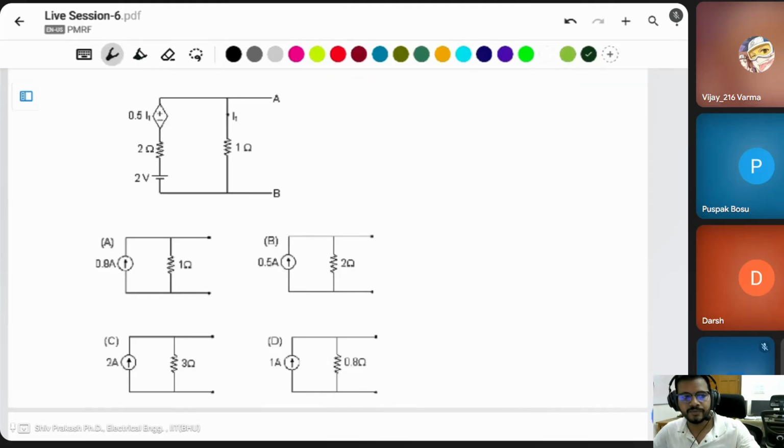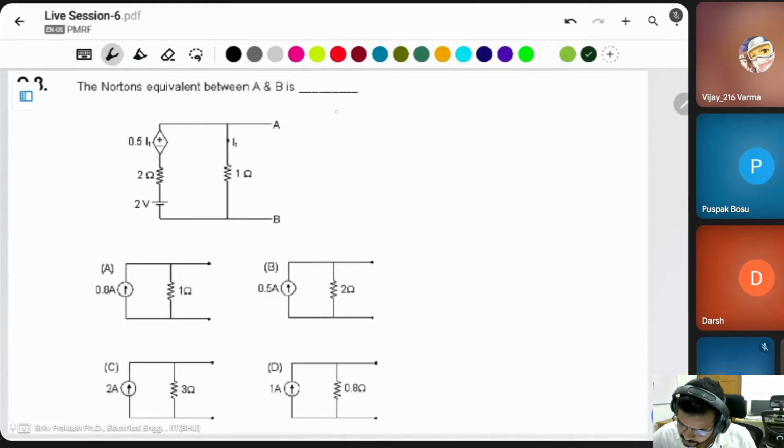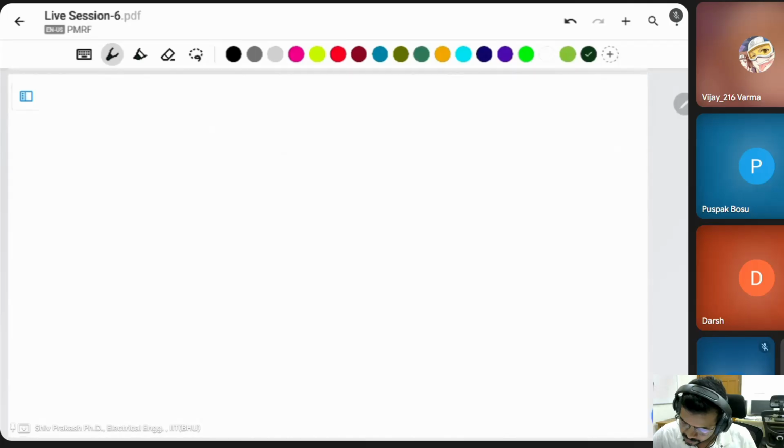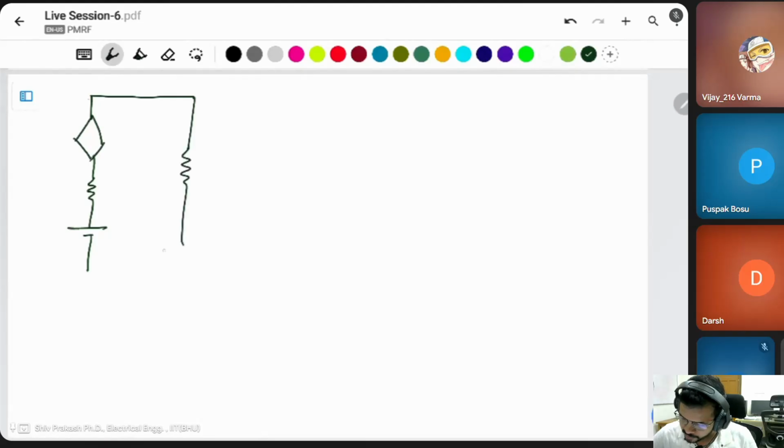I have drawn the circuit again. These two are 4 ohm, these two are also 4 ohm, then another resistor is 6 ohm.